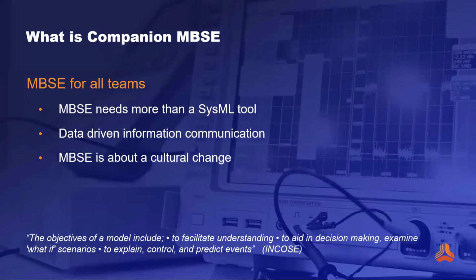MBSE is not only about moving from document-centric to a model, it's also about being able to communicate the clarity that the modeled information gives to the stakeholders on other teams, whether that be at the implementation level or the program or customer level. The first step every organization can take is to become more information-centric. Our Companion MBSE is designed to do just that.